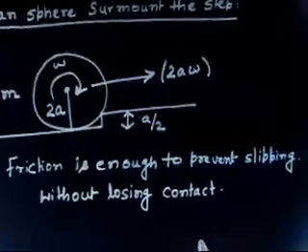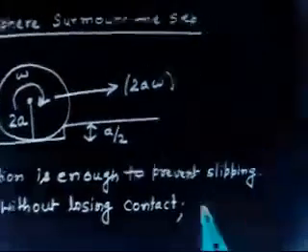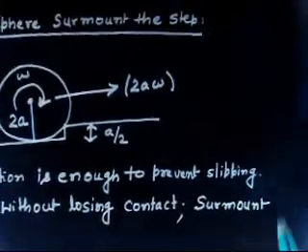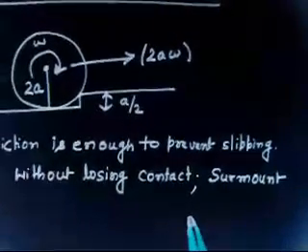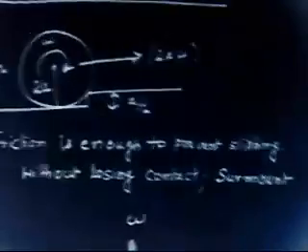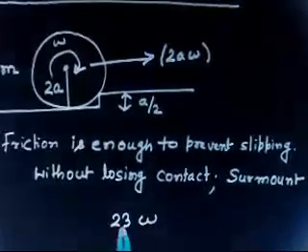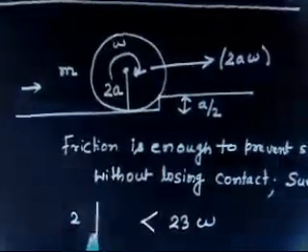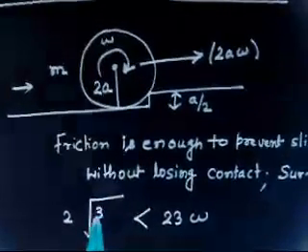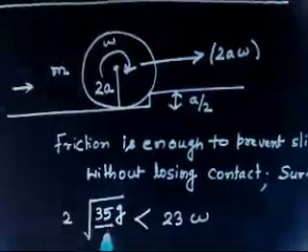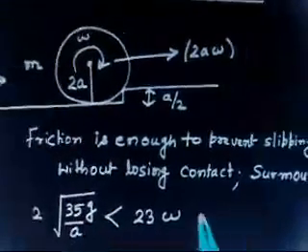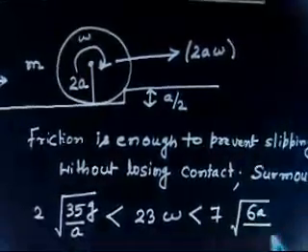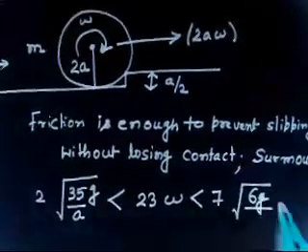Without losing contact, it can surmount the step if 2/3 omega is greater than 2 into under root 35 g by a, and this should be less than 7 times under root 6 g by a.